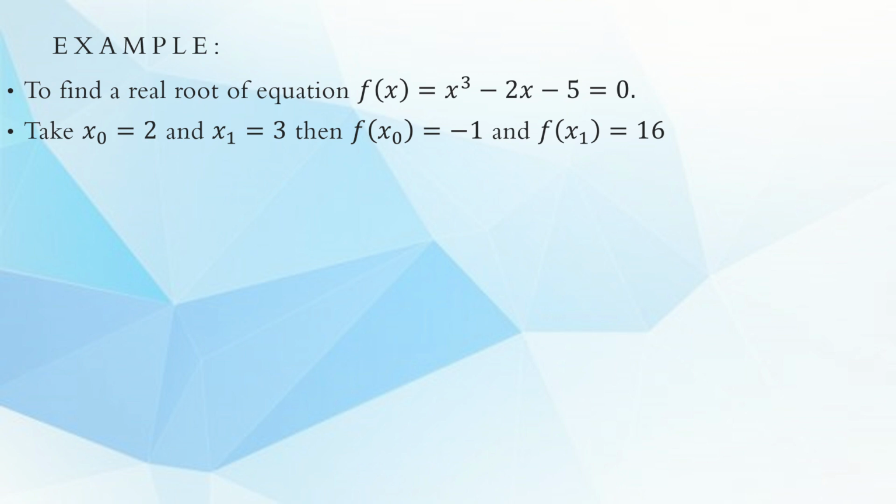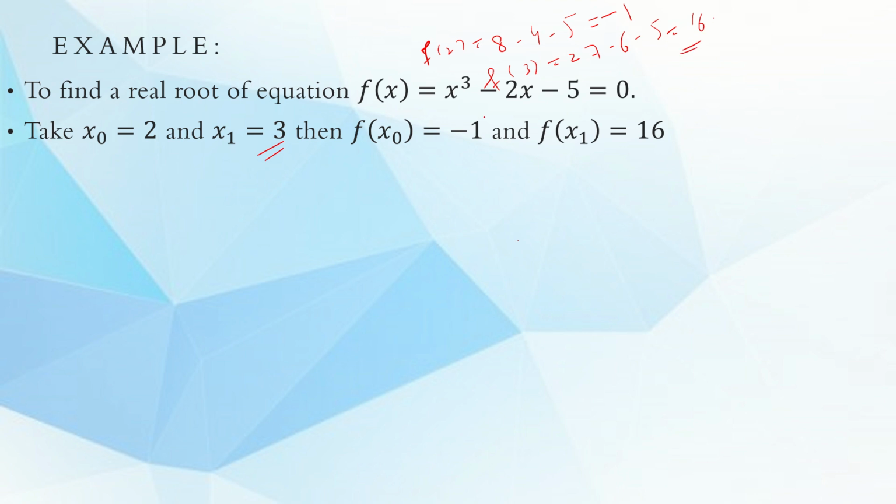If you put x equal to 2 in the given equation, that will give you f of 2, which will be 8 minus 4 minus 5, which gives you minus 1. And we would find the function value at x equal to 3 as well. So f of 3 will be 27 minus 6 minus 5, which would give you 16.